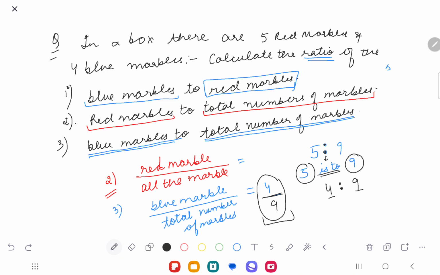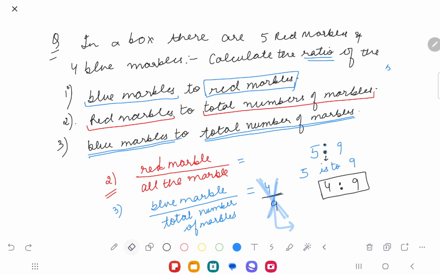5 is to 9. Are you understanding my point? Any doubts in this? Are you sure? That's how the question shall be. So we don't show this to the teacher. Don't show this part to the teacher because the teacher is not understanding the fraction.